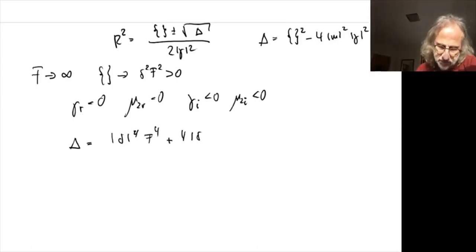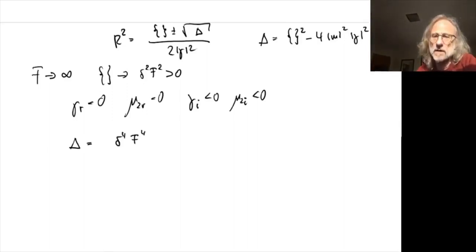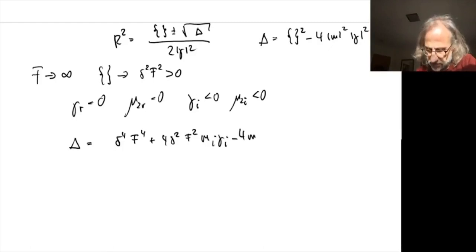Oh, I don't need the absolute value squared. You showed that delta has to be positive, or can be assumed to be positive. Delta fourth f to the fourth, plus 4 delta squared f squared mI gamma I, minus 4 mr squared gamma I squared.